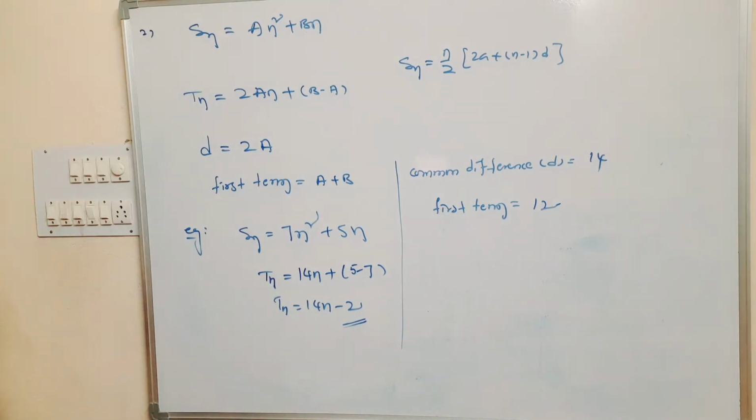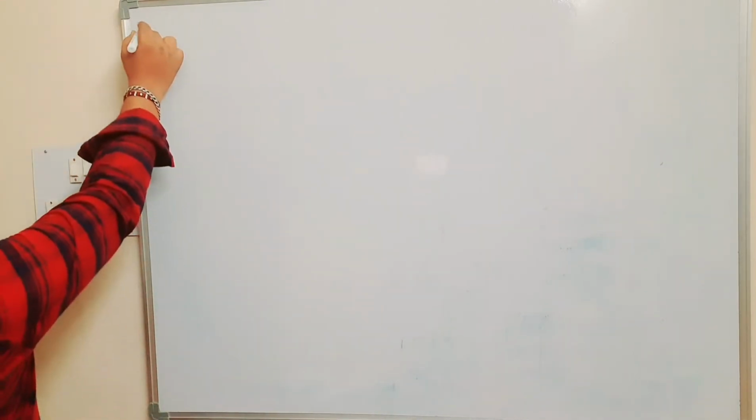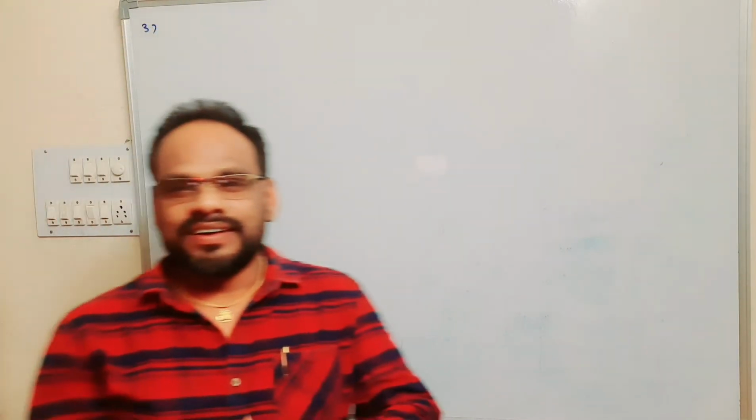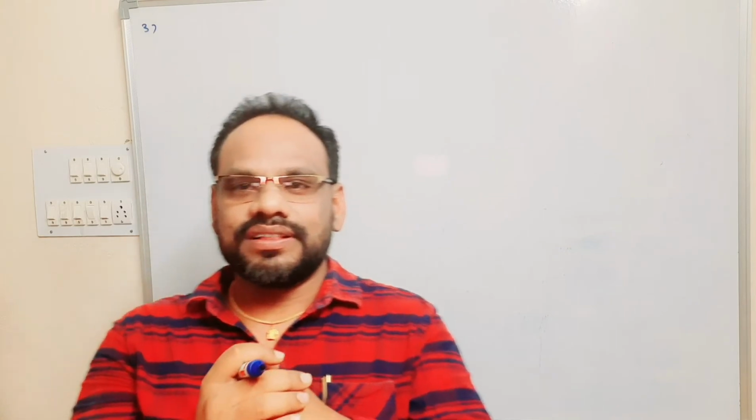Next, third one. If the ratio of the sum of n terms of two APs is given, then their nth terms may be obtained by replacing n with 2n minus 1 in the given ratio.